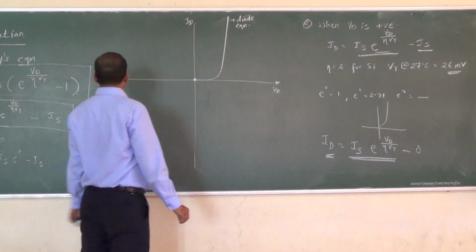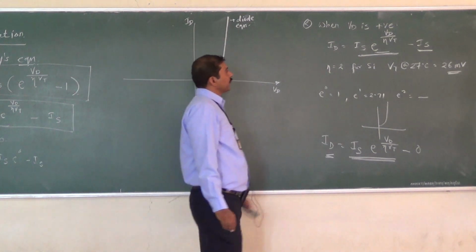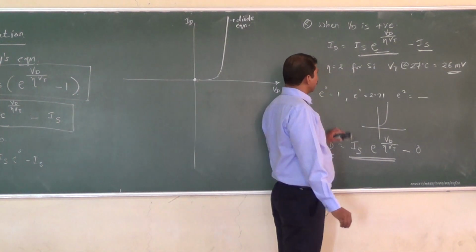Now let us check what happens during reverse bias, when Vd is negative.